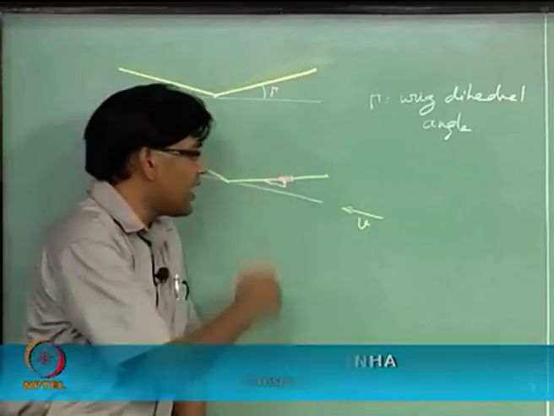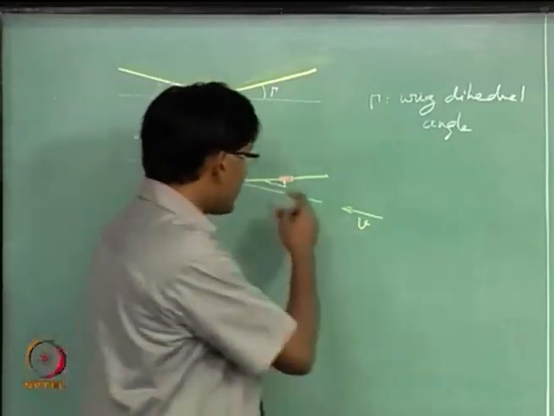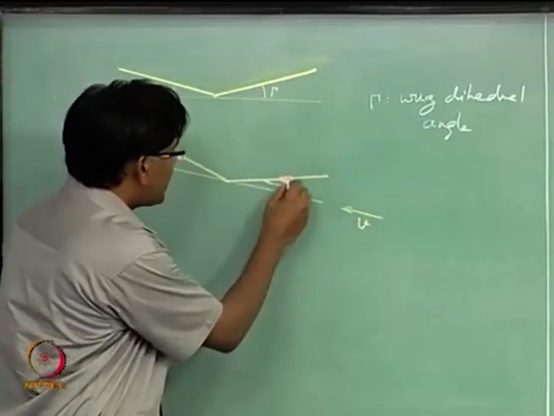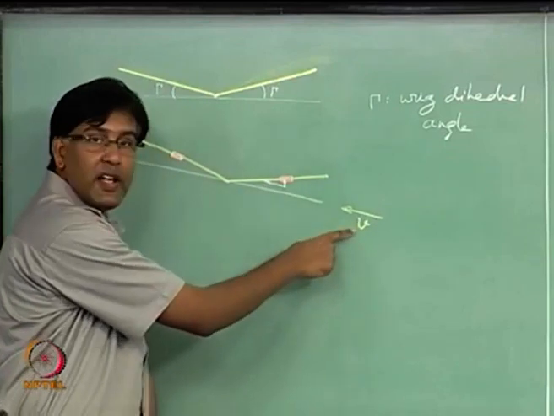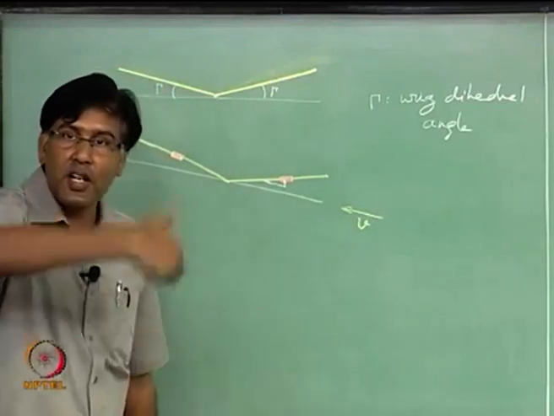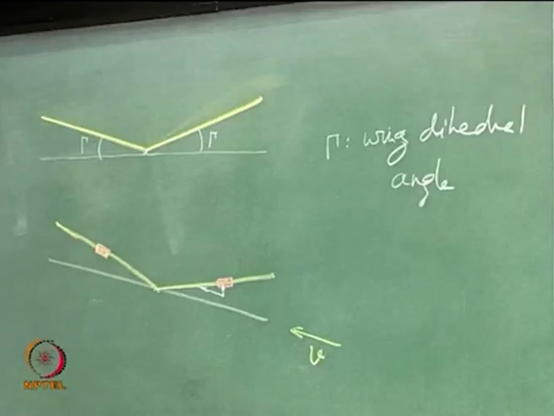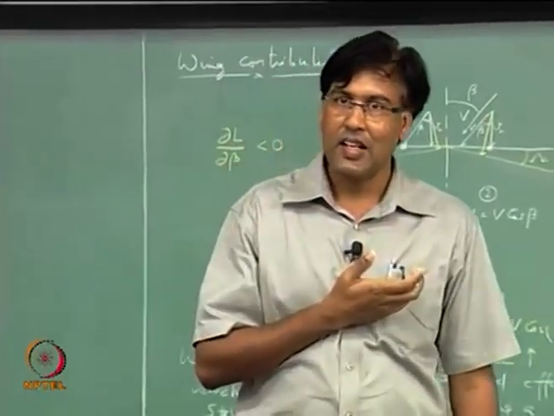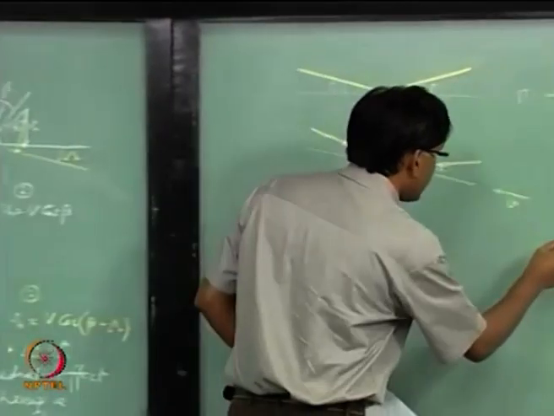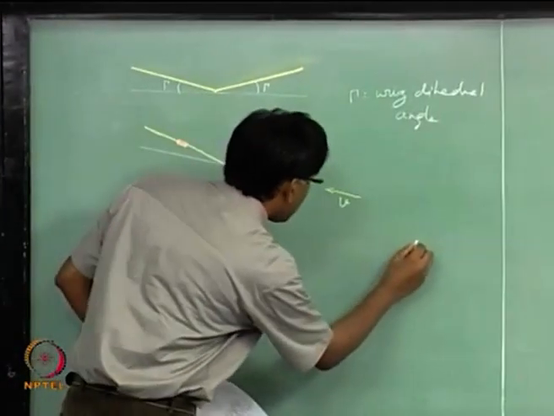If you look at this airfoil section, this component of V is acting from downward, and that is going to give me a change in angle of attack at this section.